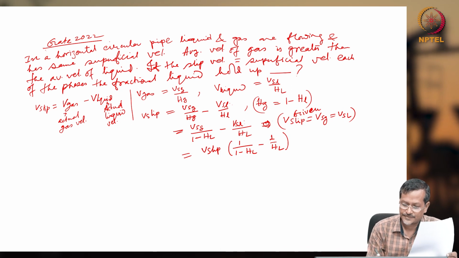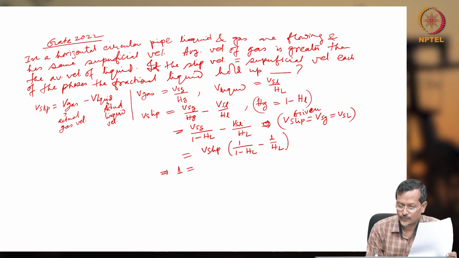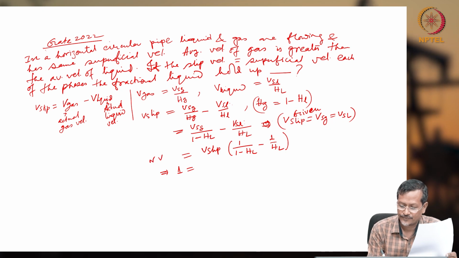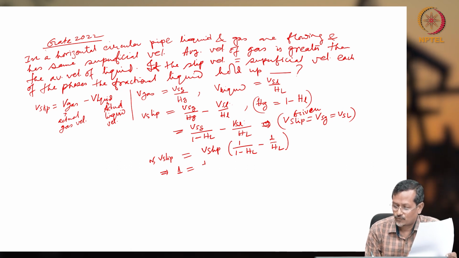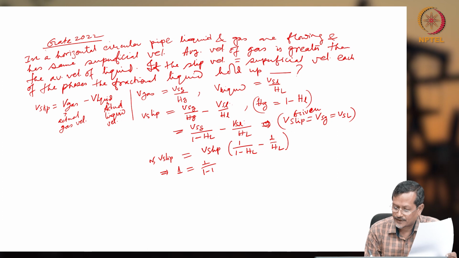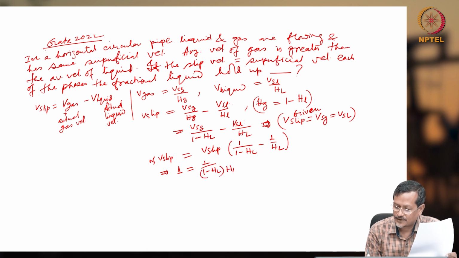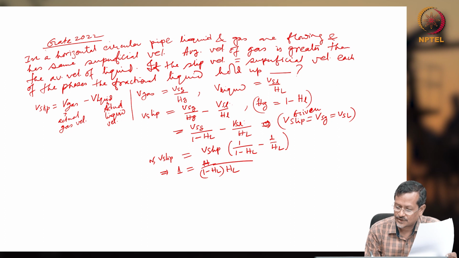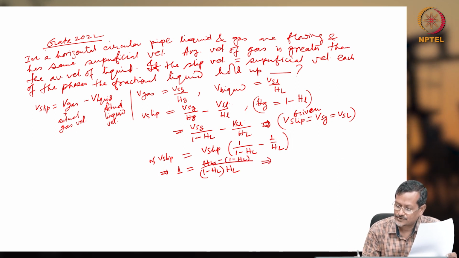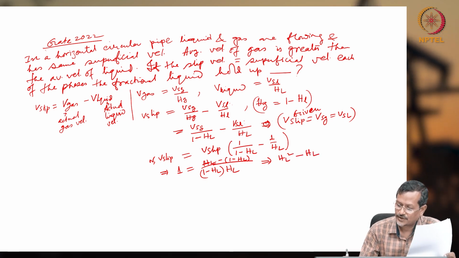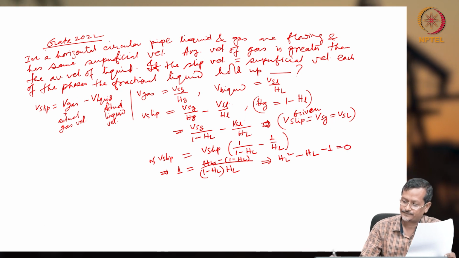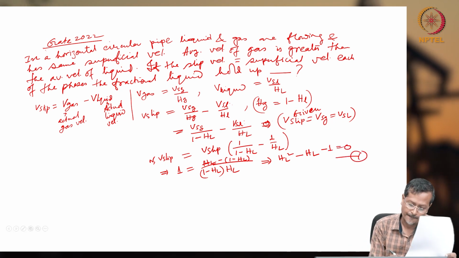So this gives 1 equals, left side equals right side, or V slip, left side and right side V slip gone. So 1 equals 1 by 1 minus HL minus 1 by HL. So this is HL minus 1 minus HL. So this will give HL square minus HL minus 1 equals 0. Okay, equation 1, let's say.